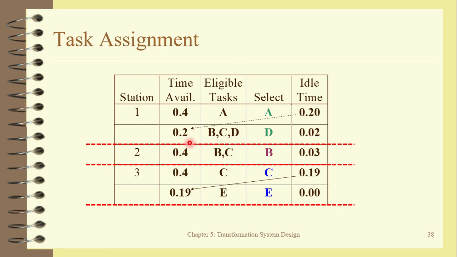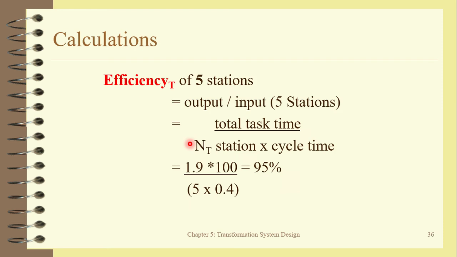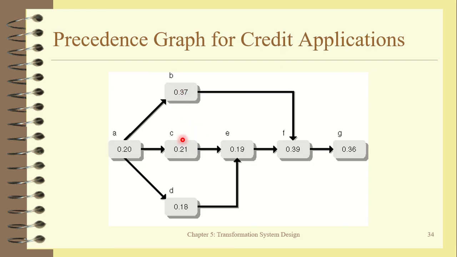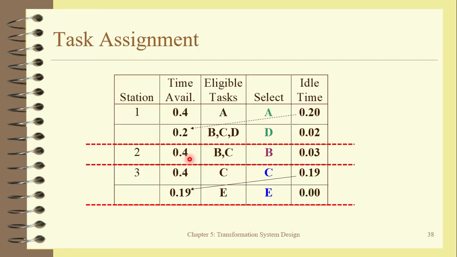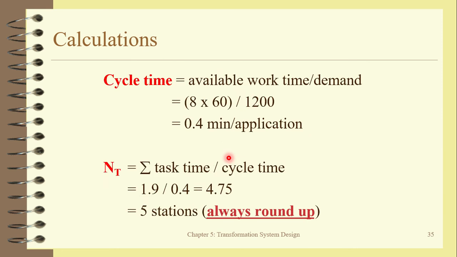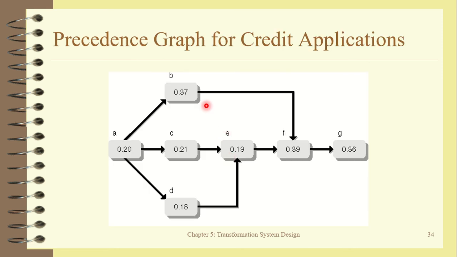Whenever you open the new workstation, the available time will be equal to the cycle time, that is 0.4. And the eligible tasks again here, B and C, right? Which one will you select?